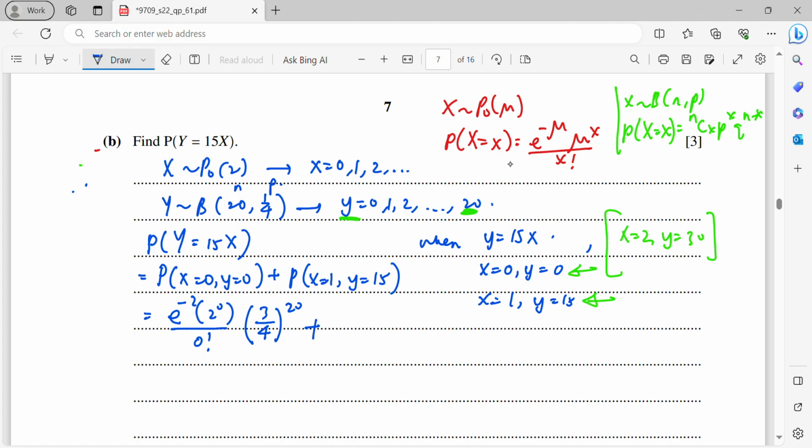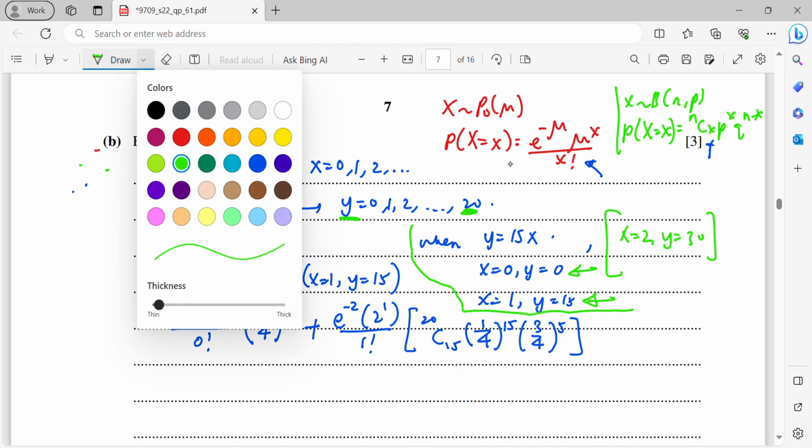Now the next one, when x equals 1. Replace here, it will be e to the negative 2, 2 to the power 1, over 1 factorial. Then you multiply with y equals 15. So when y equals 15, you replace: it will be 20C15. After that, the success rate is 1/4 and there are 15 of them. Then the failure rate is 3/4 and there will be 5 of them.